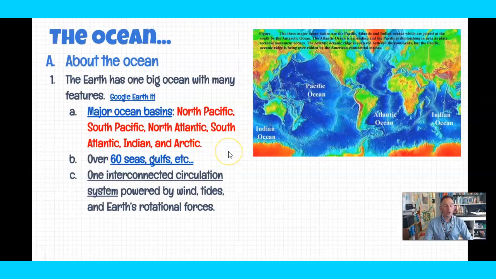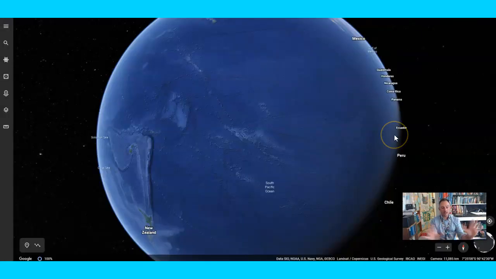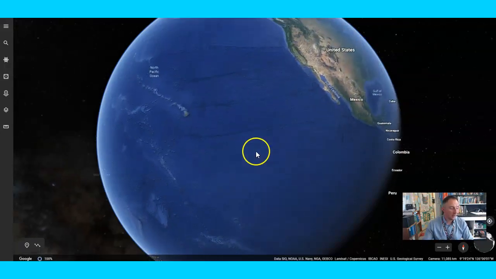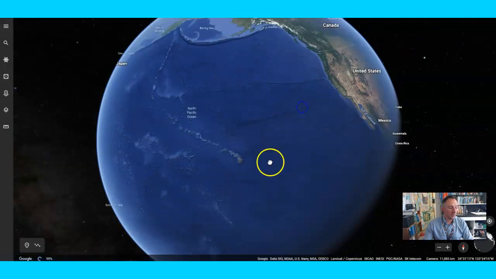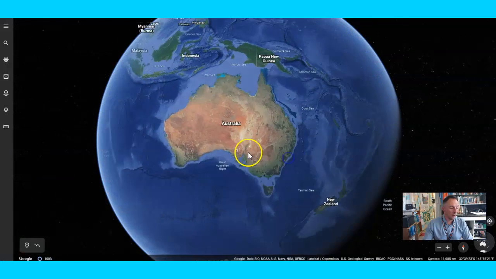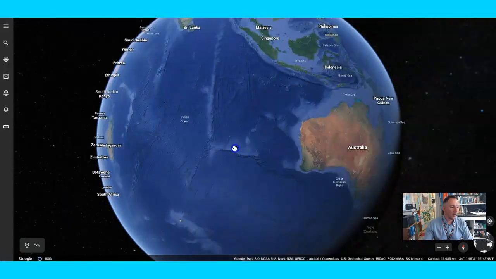Helpful stuff. The ocean is really one big interconnected circulation system though, okay? There are different perspectives you could look at where you can really see the Earth is just covered in water. And from this perspective, you see nothing but water. This is looking at the Pacific Ocean here from a more southerly perspective. But even though you have the North Pacific and the South Pacific, and then over here is the Indian Ocean, they're all interconnected.